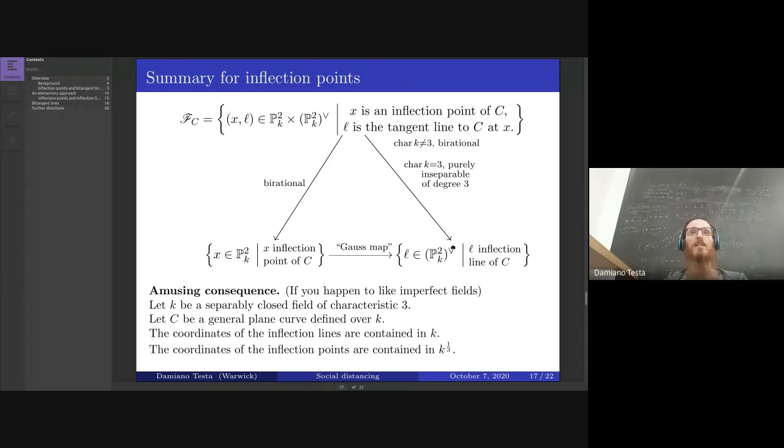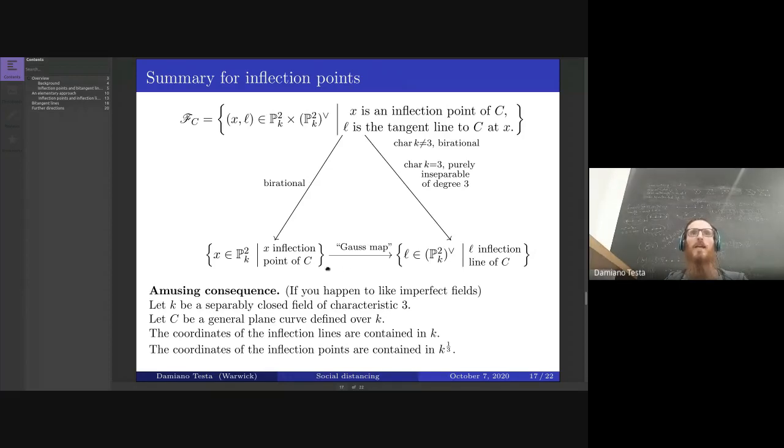When the characteristic is 3, though, I do always get an inseparable map of degree 3, and the way to go between them is via the Gauss map here at the bottom. So the Gauss map is usually separable, and when it isn't separable, it's purely inseparable. So that's basically another point of view on this thing.